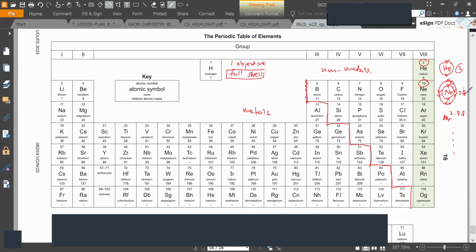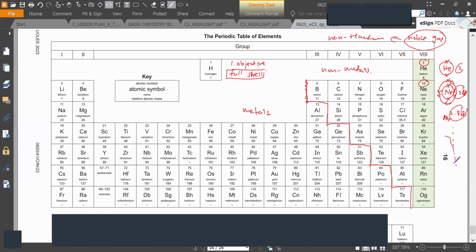They are all full shell. This is what we call noble gas. Noble gas means they are non-reactive. They don't like to react with anything, they just stay as they are, because they already have a full shell.